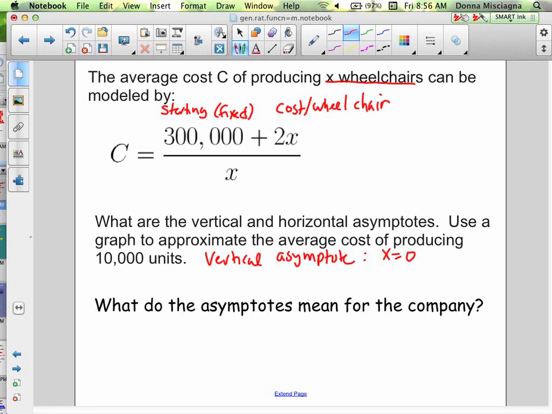Or they have nothing to divide. They just spend a lot of money and they couldn't possibly recover their costs, right? So you can't make 0 wheelchairs. You're not in business if you're not making anything. So this is our vertical asymptote. Can't make 0 wheelchairs.